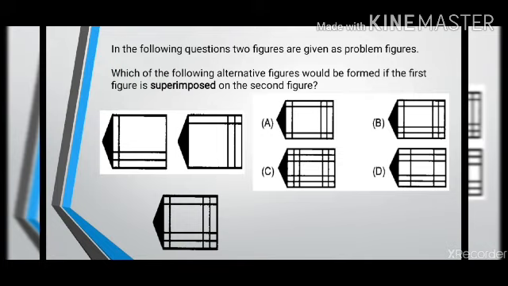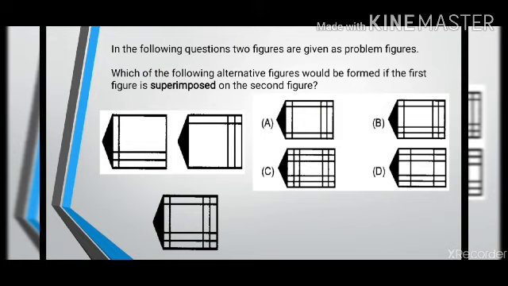Now in the first figure, one line is there, in the second figure no line is there. Therefore when you superimpose them, you will get one single line. In options A, B and D, you are getting one single line, but in option C you are getting two single lines just beside the triangle. Therefore option C can be eliminated.